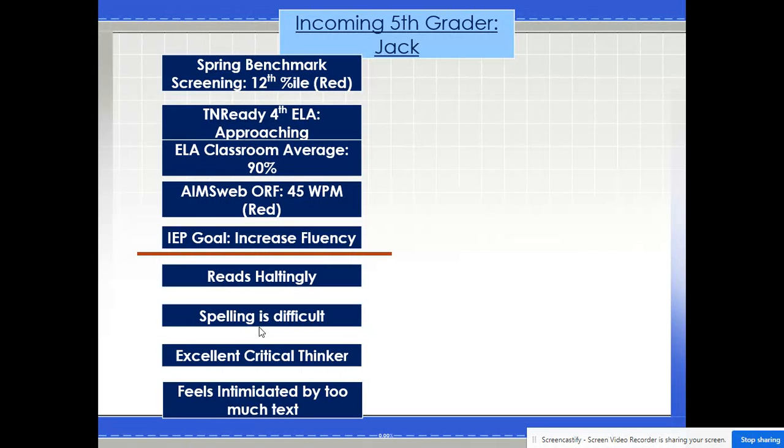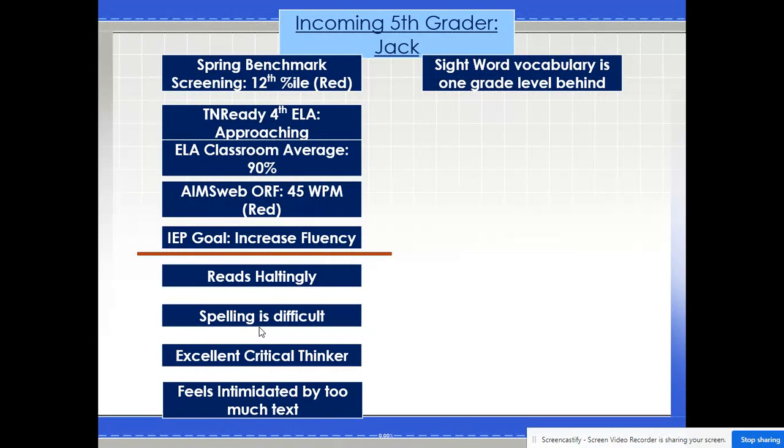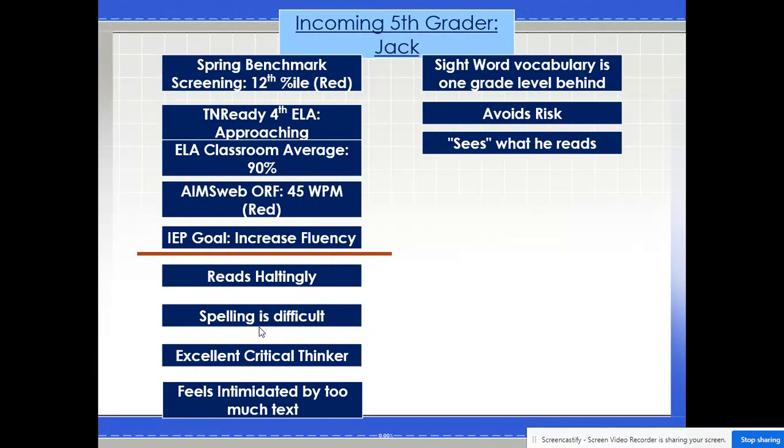because he's able to get a classroom average of 90%. Maybe he's taking advantage of some accommodations, but still he's doing good in the classroom. He feels intimidated by too much text. His sight word vocabulary is only one grade level behind, which that's not bad, really. He avoids risk.